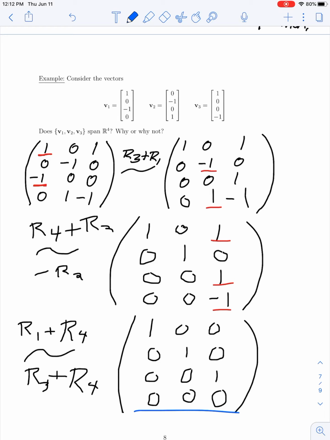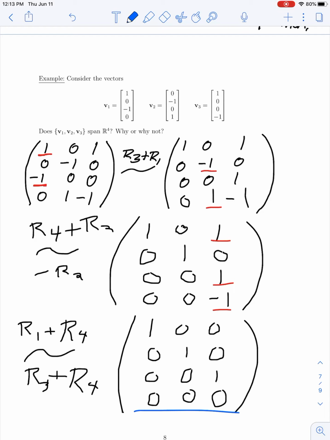So is it possible for any 3 vectors to span all of R4? Well, we would need a pivot position in each of the 4 rows, but we only have 3 columns. Therefore, it is impossible for a set of 3 vectors to span all of R4.